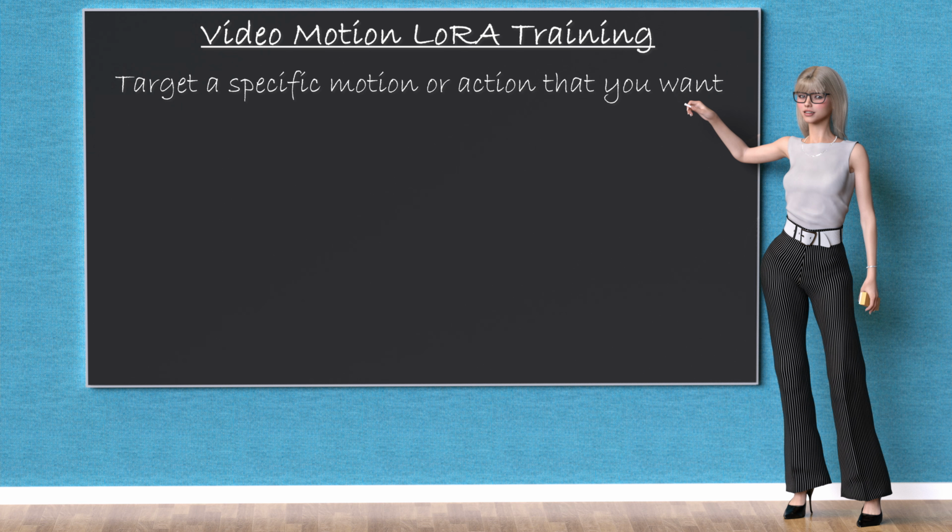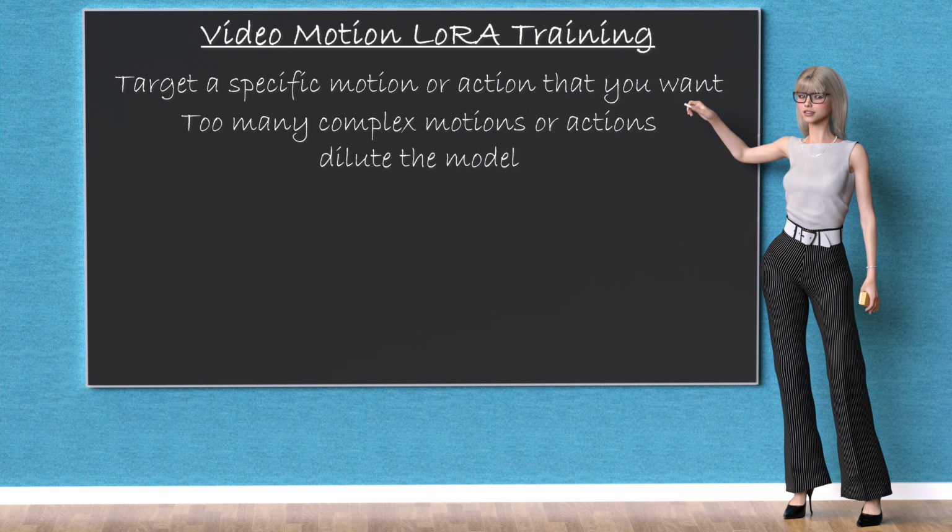You're not going to get an entire dance routine. It's just going to be too ambitious, because AIs only have so much context, and only so much weight that they can apply to all the various different aspects to train them up on something. If you're trying to train it on too many things at the same time, everything just gets diluted, and you lose the strength of individual motions.